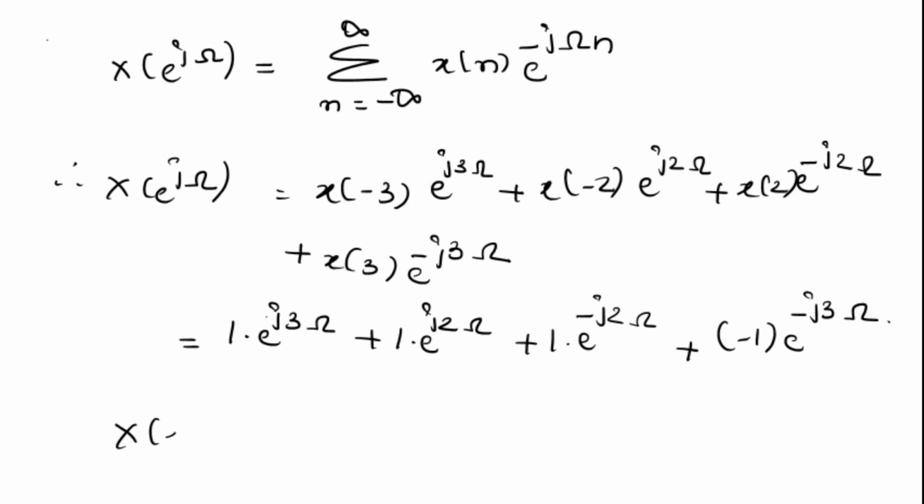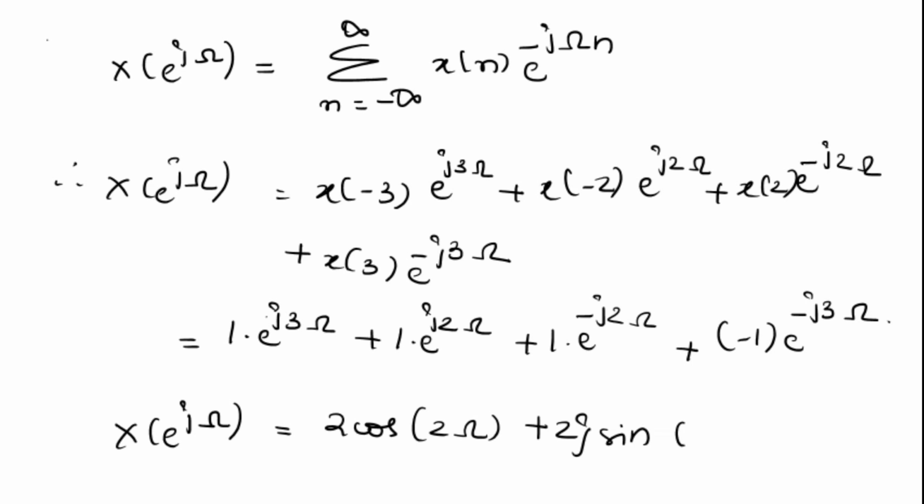or X of e power j omega, after simplification, we get 2 cos 2 omega plus 2j sin of 3 omega.